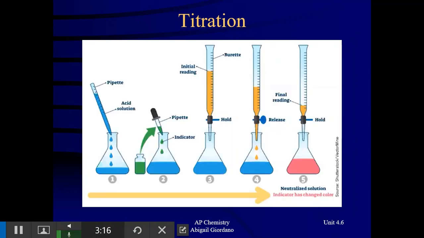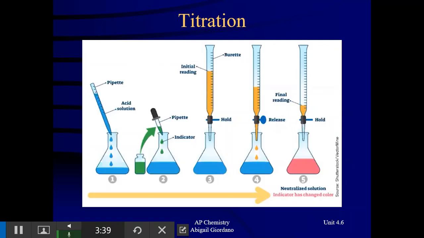So this is just a very simplified visual of the different steps in a titration. On the far left, in this case, we've got the unknown acid in the flask. In step 2, you can see I've added a few drops of indicator.